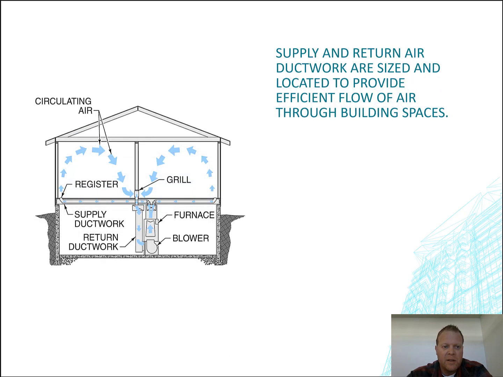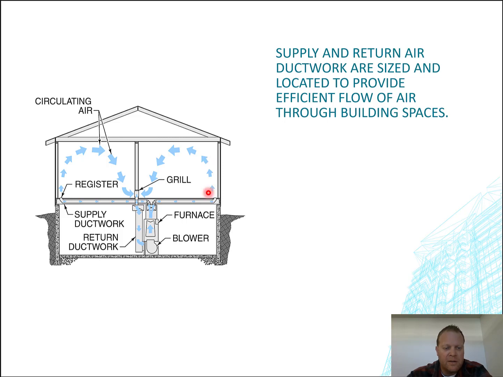So when you look at the idea of a basic home and how it's supposed to function, you have a furnace and a blower, and it's blowing air, and typically you want that to be coming into the space near the outside wall.